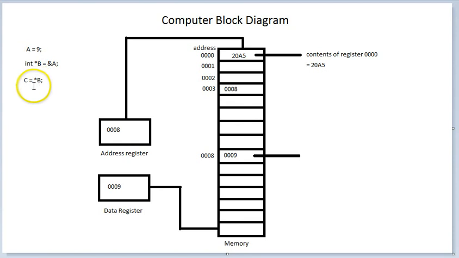Then in the program somewhere, if we want to access the original information, we use this star B as the notation. And again, what it means is follow the pointer that's stored in B back to the original location, take that information and load it into C. So follow the pointer that is stored here, it points to here, take that information out of that location and put it into C.